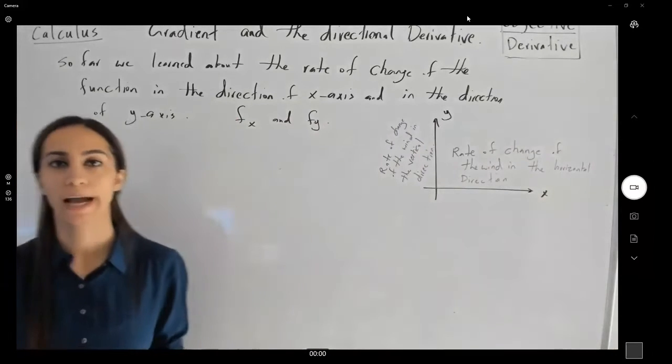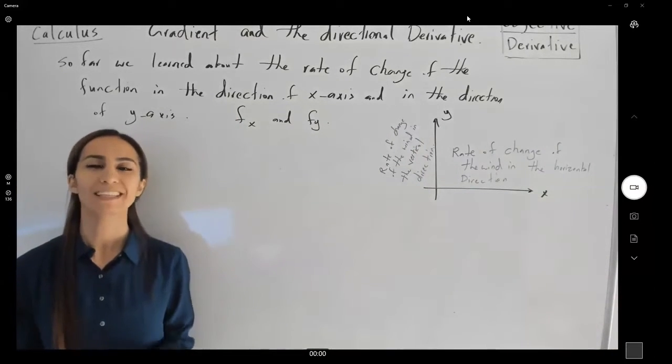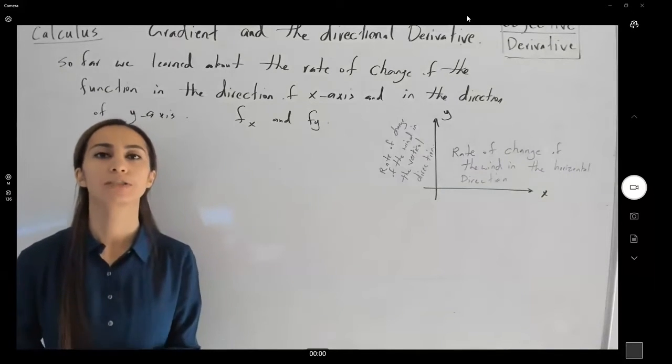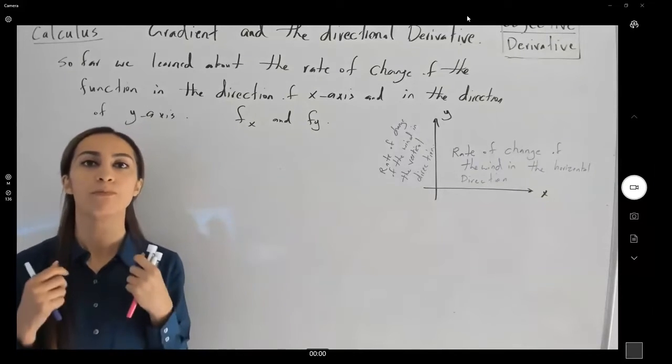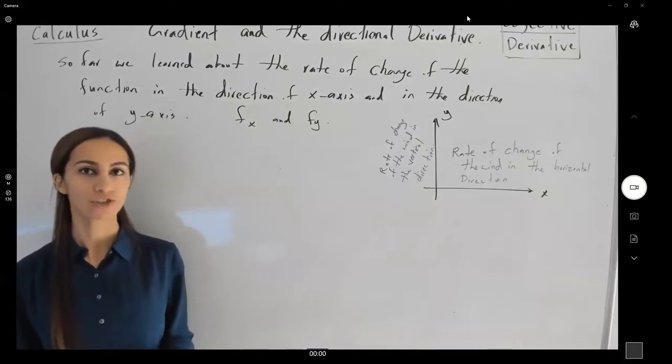Now I expect you to ask, what if I want to know the rate of change of the wind in any other direction? How fast the wind is moving in any other direction? That's a legit question. Why not?